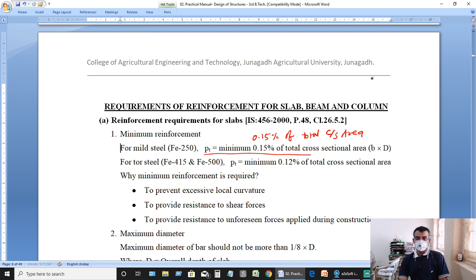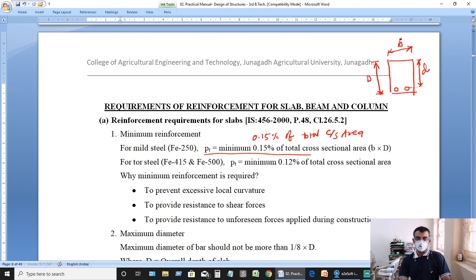So here it is essential that suppose we have a singly reinforced beam, and reinforcement is provided at the bottom. The overall depth is capital D, the width is small b, and up to the center of the reinforcement is called the effective depth.